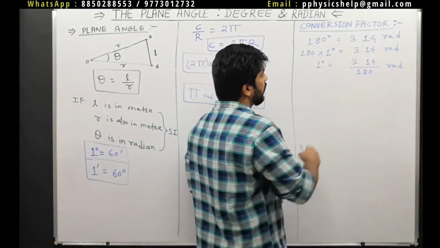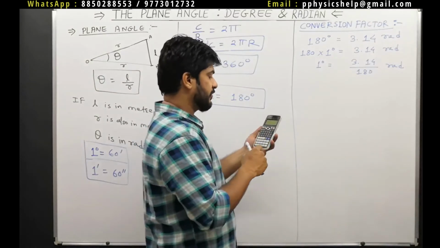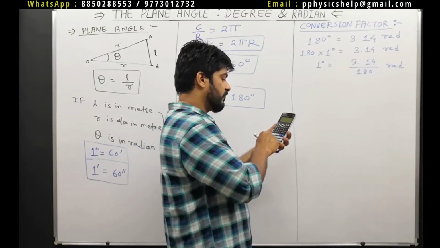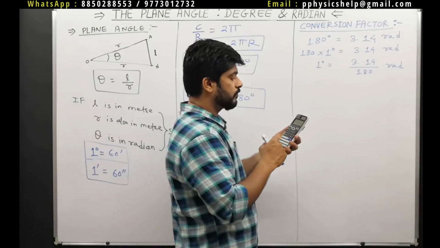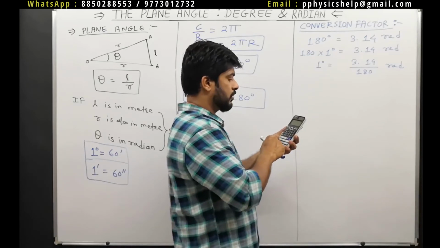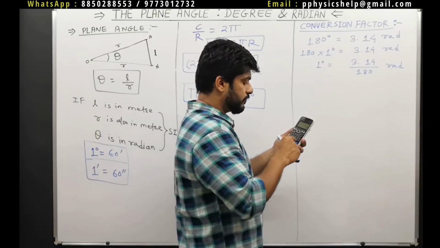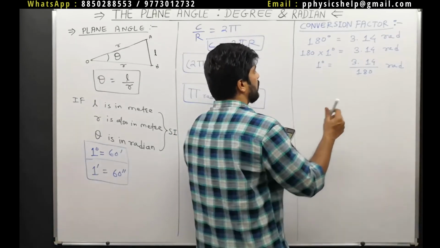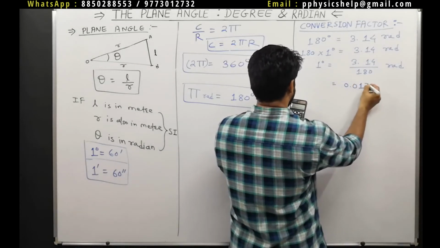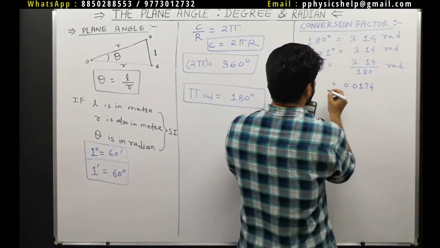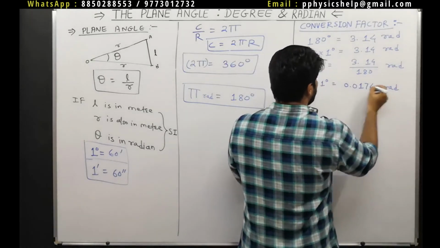Okay, you can just understand this. Now we can calculate what this number is. I have this calculator with me, I will calculate for you. It is 3.14 divided by 180, and it is equal to this number, 0.017444 radians.